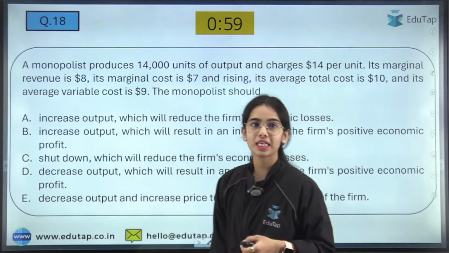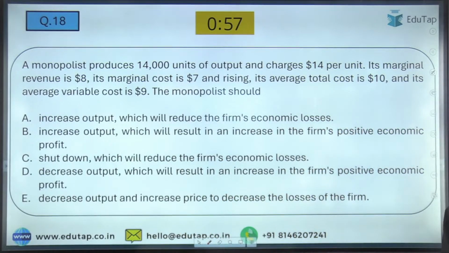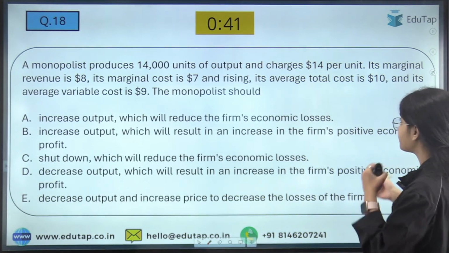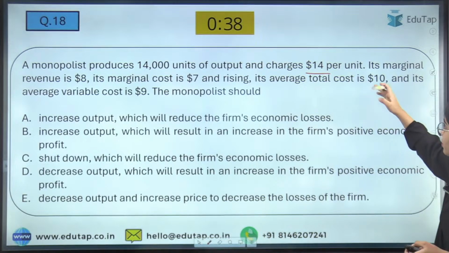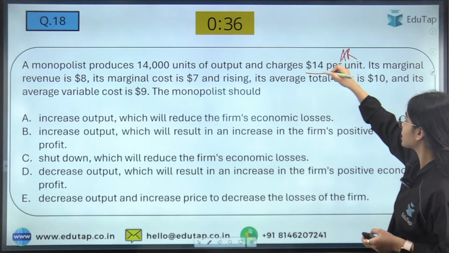Okay. Coming to the next question, try to answer this question. Let's see how many of you are able to do so. A monopolist produces 14,000 units of output, charging 14 per unit. So this is average revenue, because this is the price.